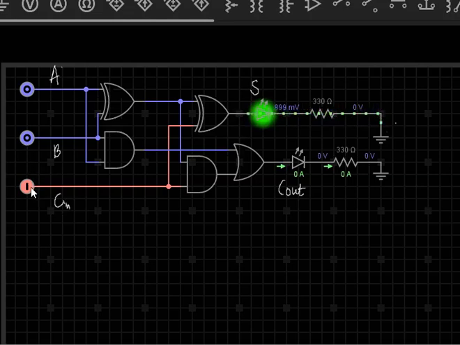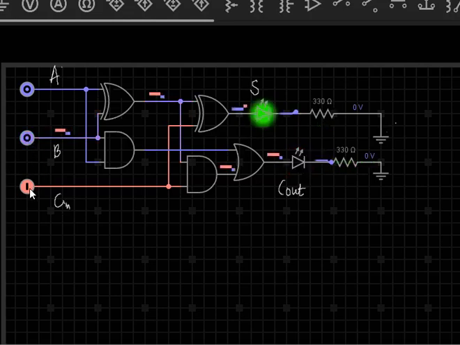It is the second one. And the third case, 0, 1, 0, in that case also sum is high and carry is 0. Then the fourth case, 0, 1, 1, what will be the result? The carry out must be equal to high and sum is 0.